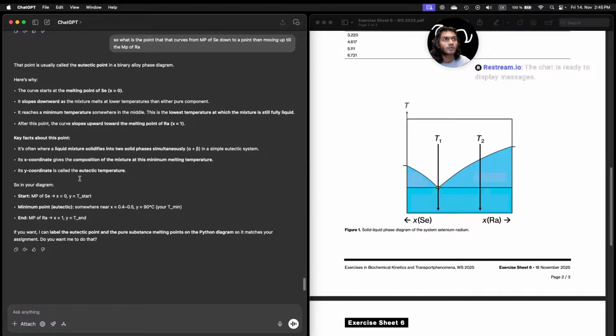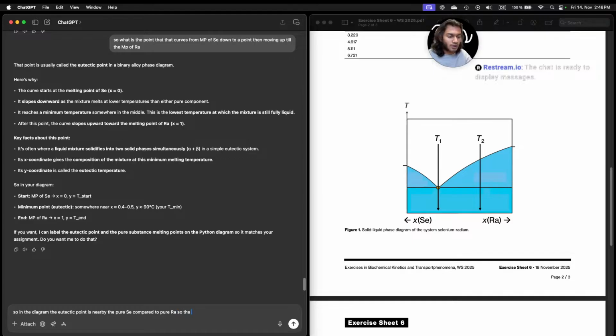It's called eutectic temperature. So in your diagram, okay, so the eutectic point. So in the diagram, the eutectic point is nearby the pure Se compared to pure Ra.